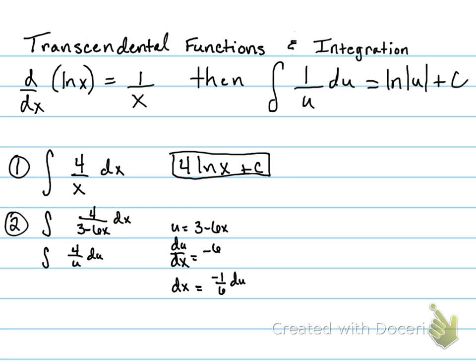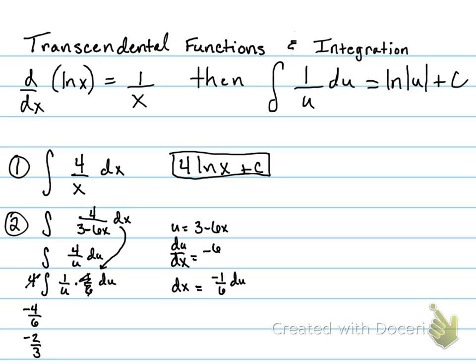This is really like 4 times the integral of 1 over u times negative 1 over 6 du, and this is coming from the dx being plugged in here. So what is that? That's really negative 4 over 6, which simplifies to negative 2 over 3.